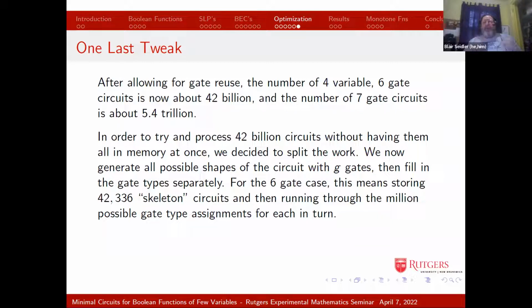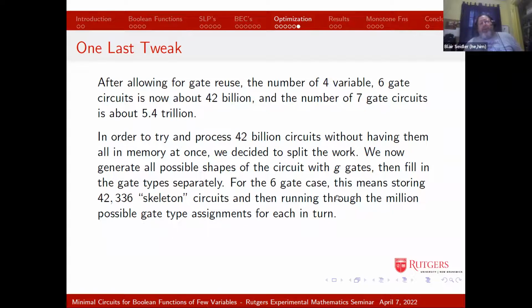So I don't have to keep all of these things in memory at once, which was making the compute server at Rutgers very unhappy with me because that was way too much memory and way too much swap space. So for the 6-gate case, I only have 42,000 circuit shapes. And then for each one of those, there's a million ways to assign the gates. So that's a little bit better.